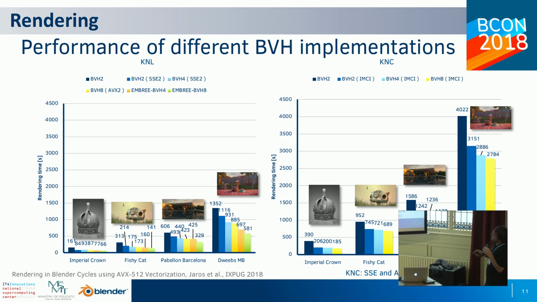You see that whether you use BVH2 all the way to Embree with BVH8, there is quite a big difference in performance, though it gives pretty much the same results. This is on the KNC. Of course, the KNC is an old architecture. Intel doesn't support it anymore. Embree, which is the Intel library, in its latest version doesn't support the KNC, so we don't have Embree results for the KNC.